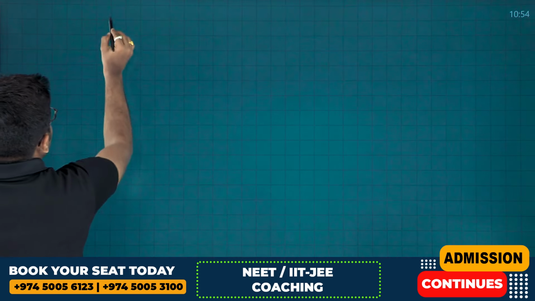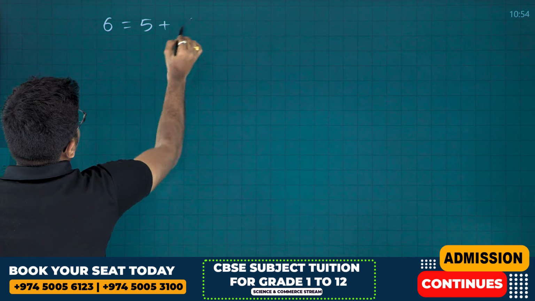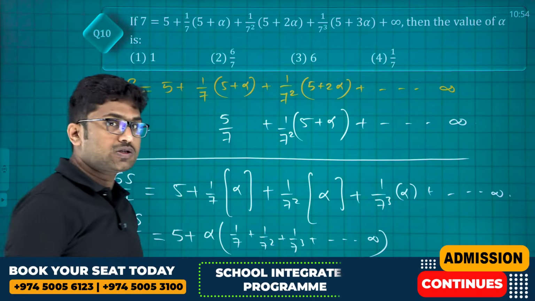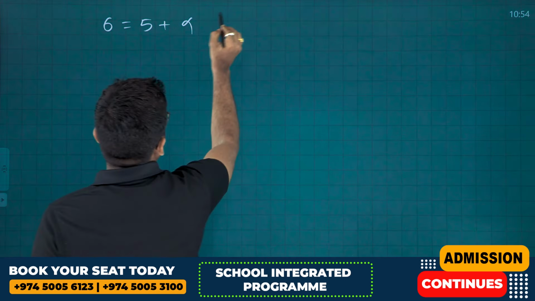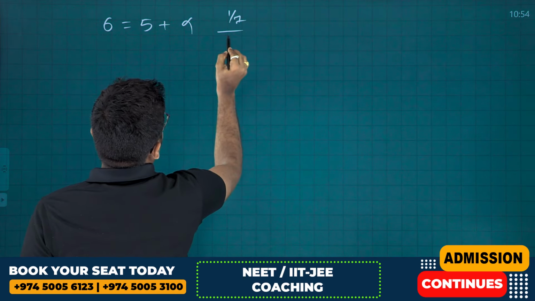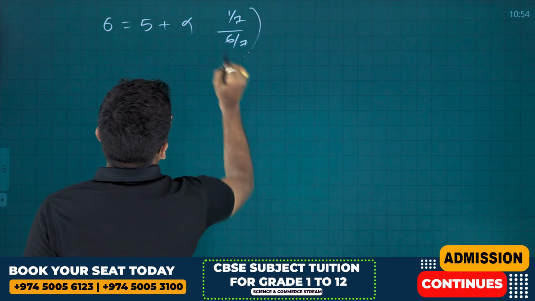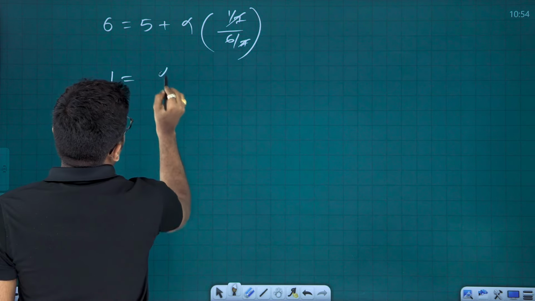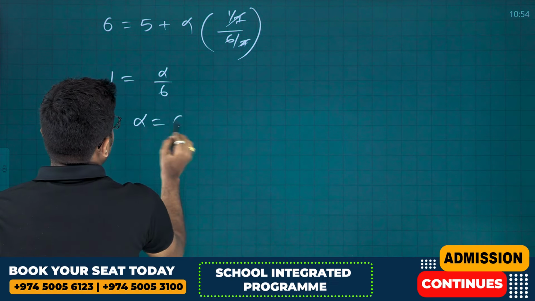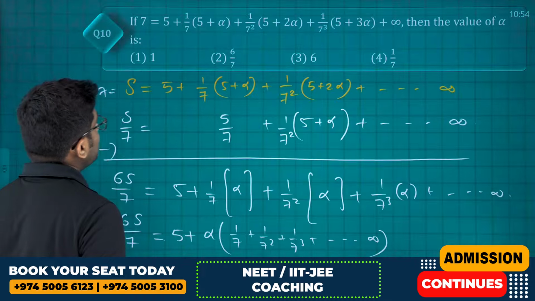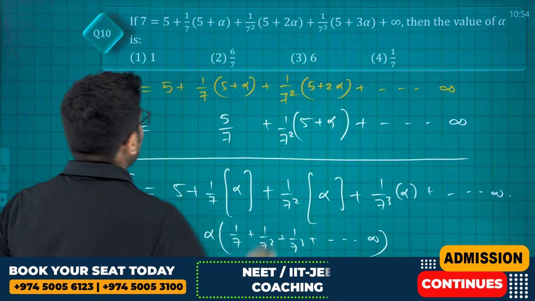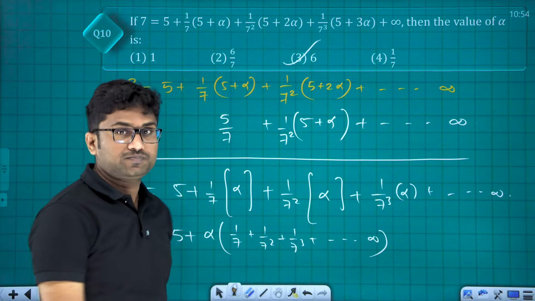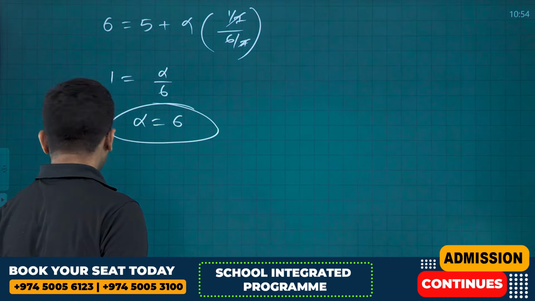So 6 equals 5 plus alpha times the infinite GP with a as 1 by 7, which is 1 by 7 divided by 1 minus 1 by 7, which is 1 by 6. So 6 minus 5, 1 equals alpha by 6. Alpha is equal to 6. That's it, option 3, 6. Infinite AGP. Next question.